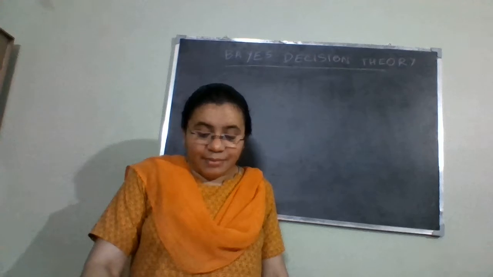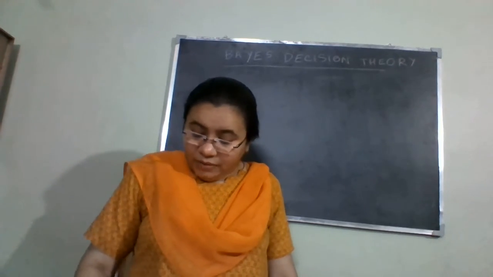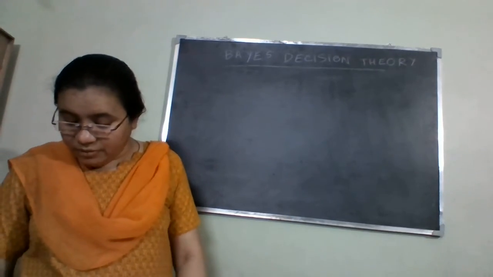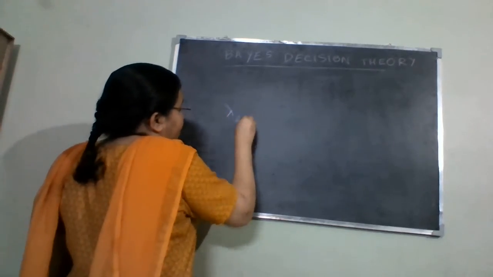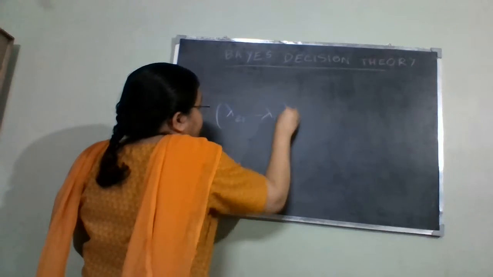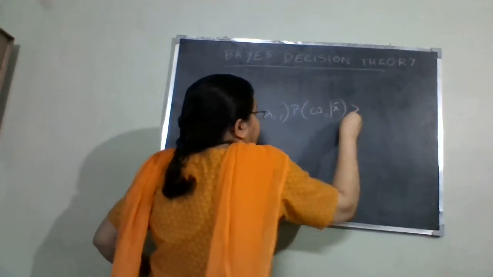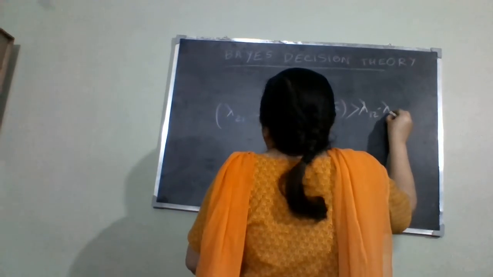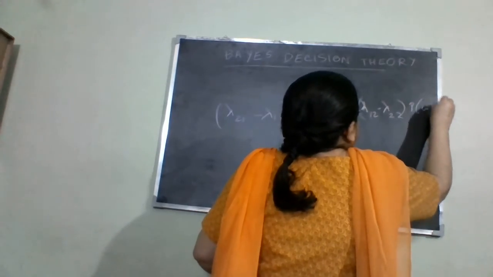So we have lambda 21 minus lambda 11 dot p omega 1 slash x bar is greater than lambda 12 minus lambda 22 p omega 2 slash x bar.